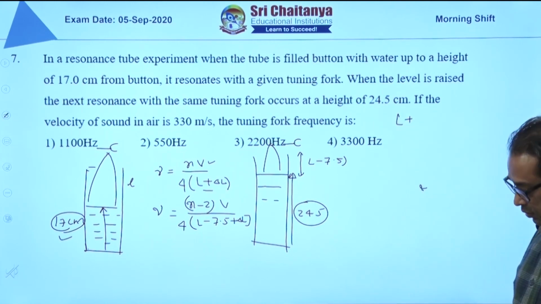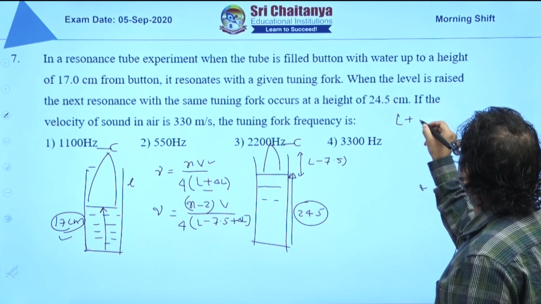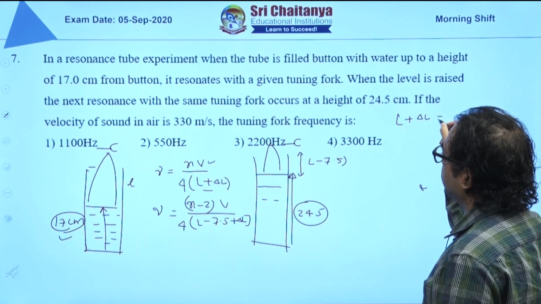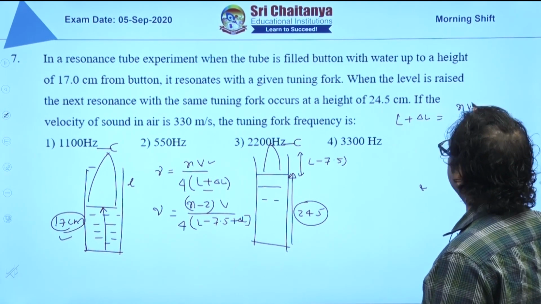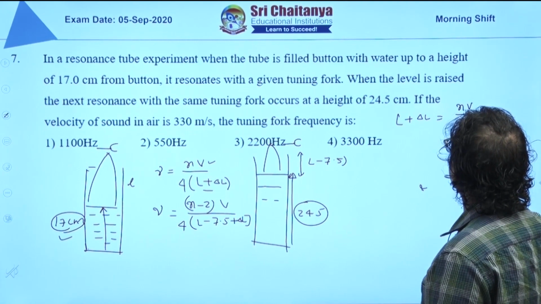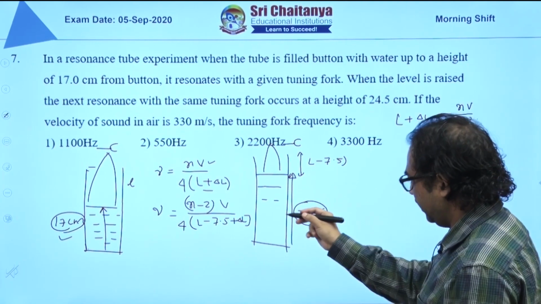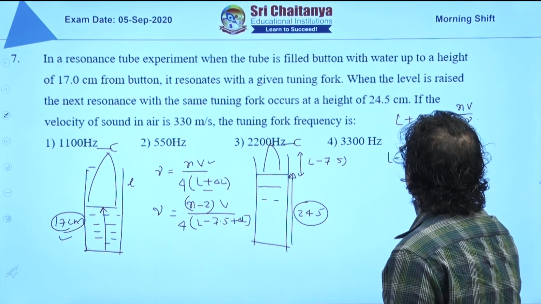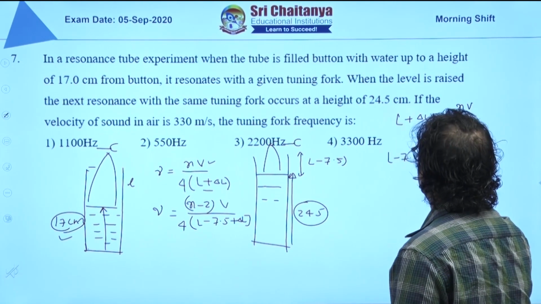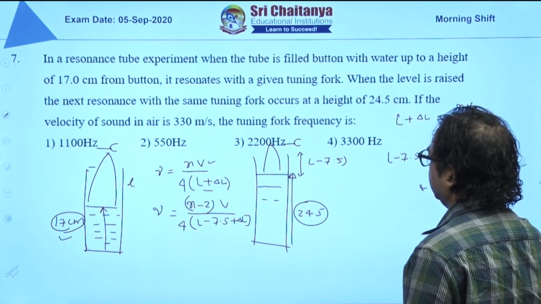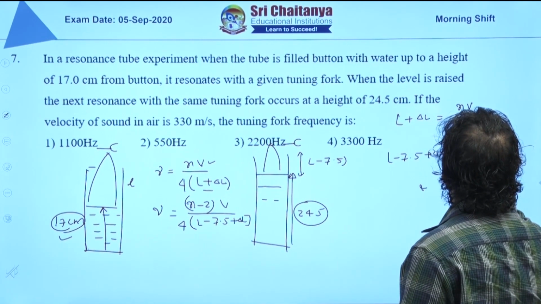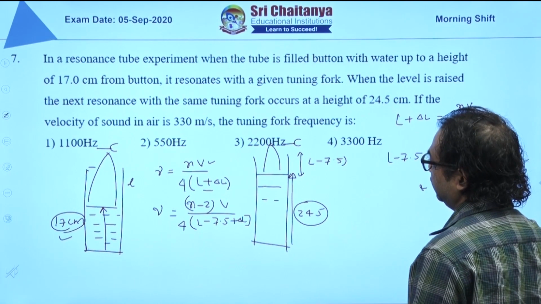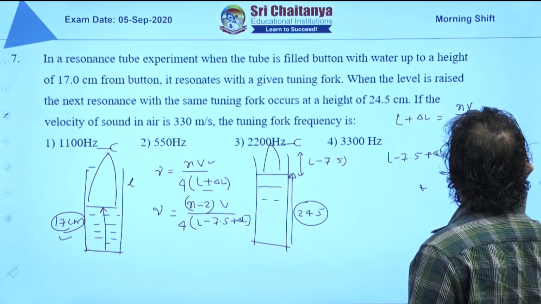See, it is L plus delta L is equal to N V upon 4 times nu, and second case we can write L minus 7.5 plus delta L is nothing but n minus 2 into V divided by 4 nu.